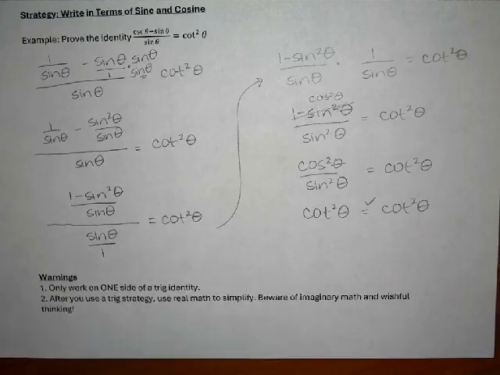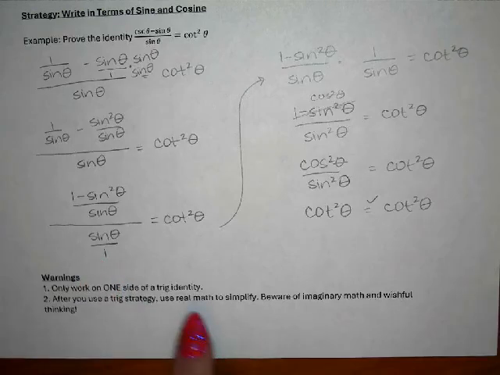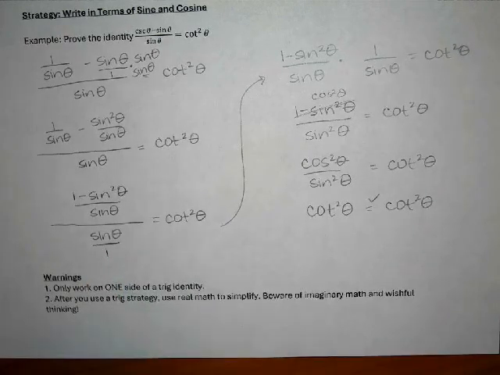There's always correct math that will get you to the final answer. So whatever math you use to simplify has to be real math. It has to be math that would work if you were using numbers and not trig functions. So be careful of that.